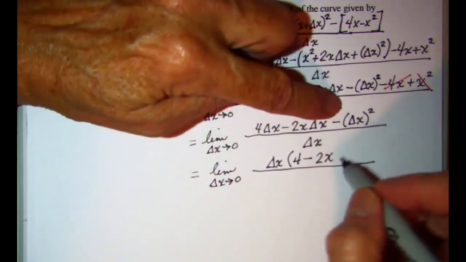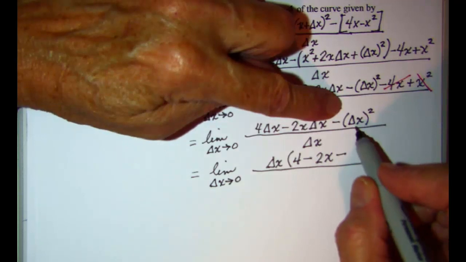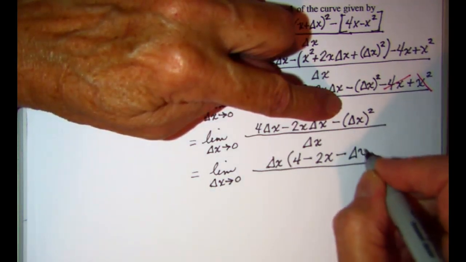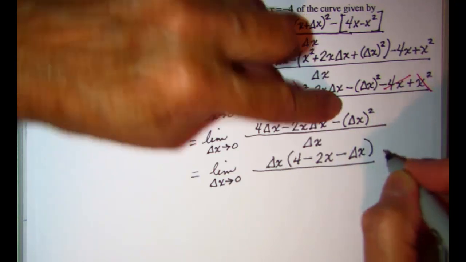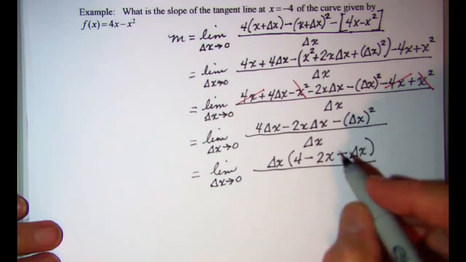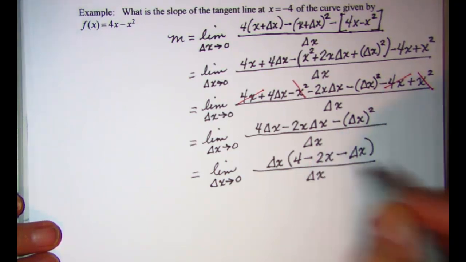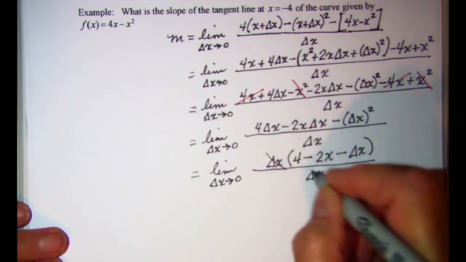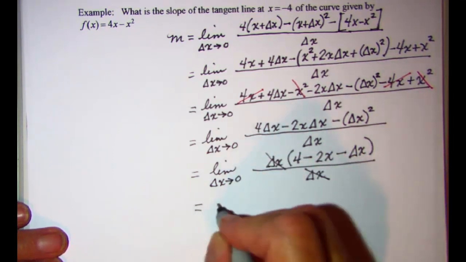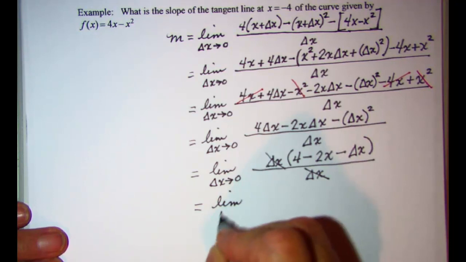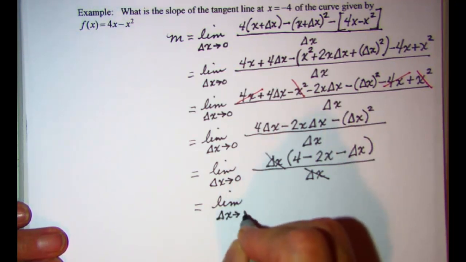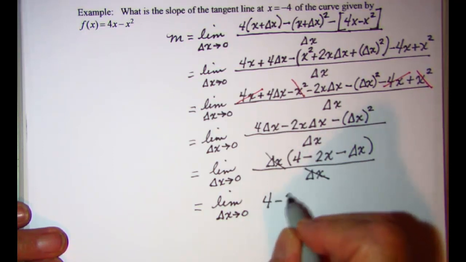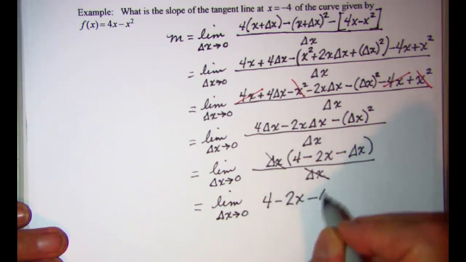And then when I take one of these delta x factors, because it's squared, I'll still have one delta x left. And that's over delta x. So we can now cancel. And we have the limit as delta x approaches 0 of 4 minus 2x minus delta x.